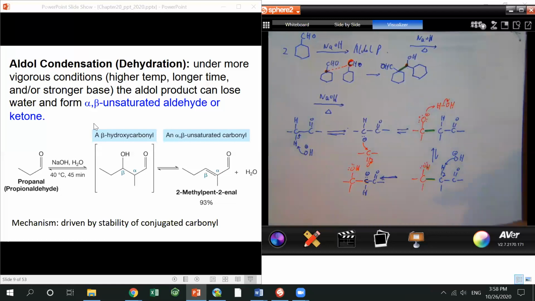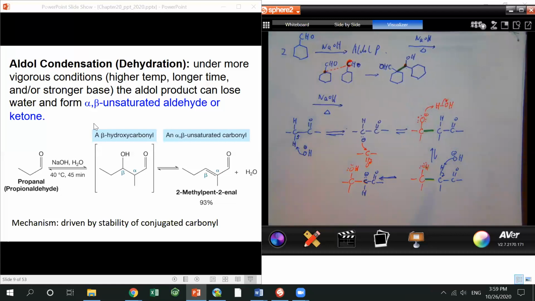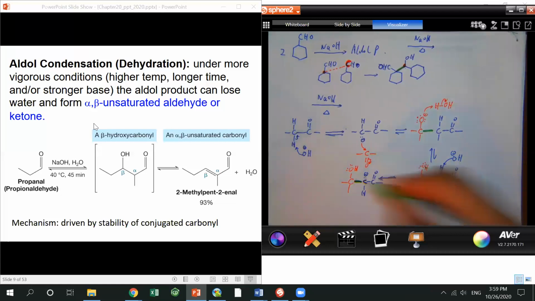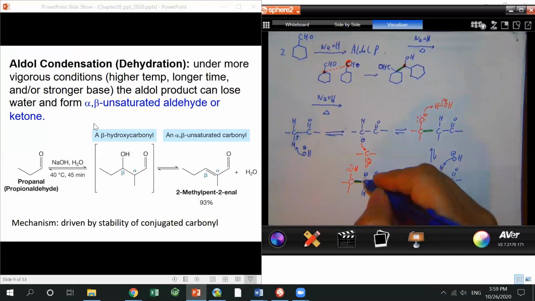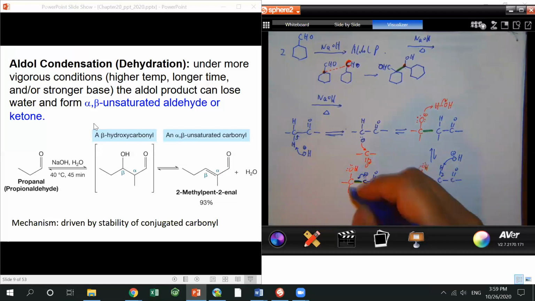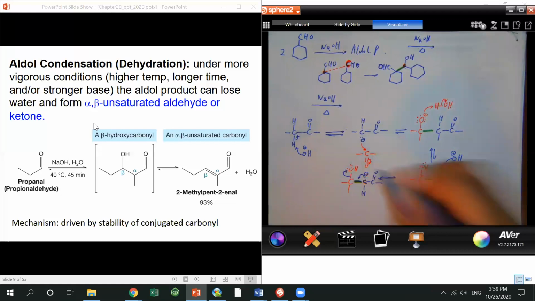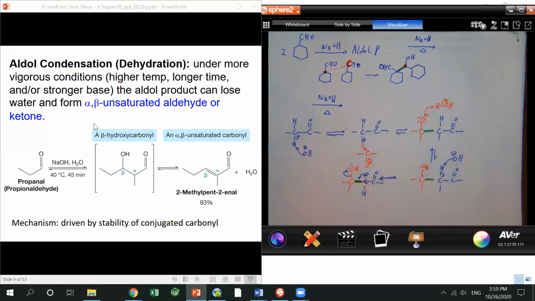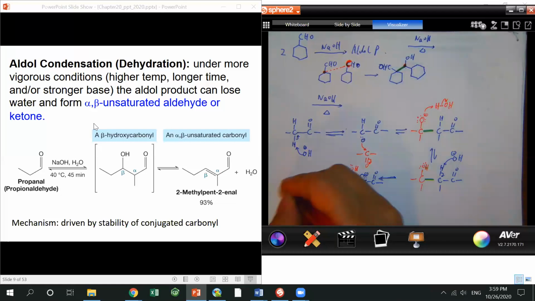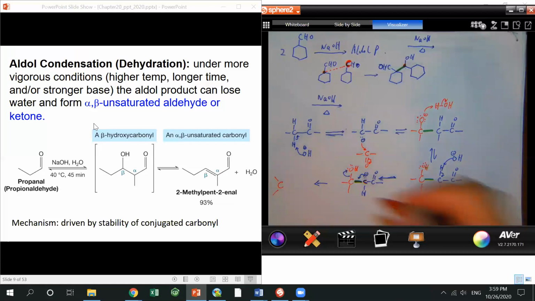That's still the original bond formation. Then the lone pair electrons on the carbon shift back to give a C=C bond, and meanwhile the OH is taken off. That gives the aldol condensation product.